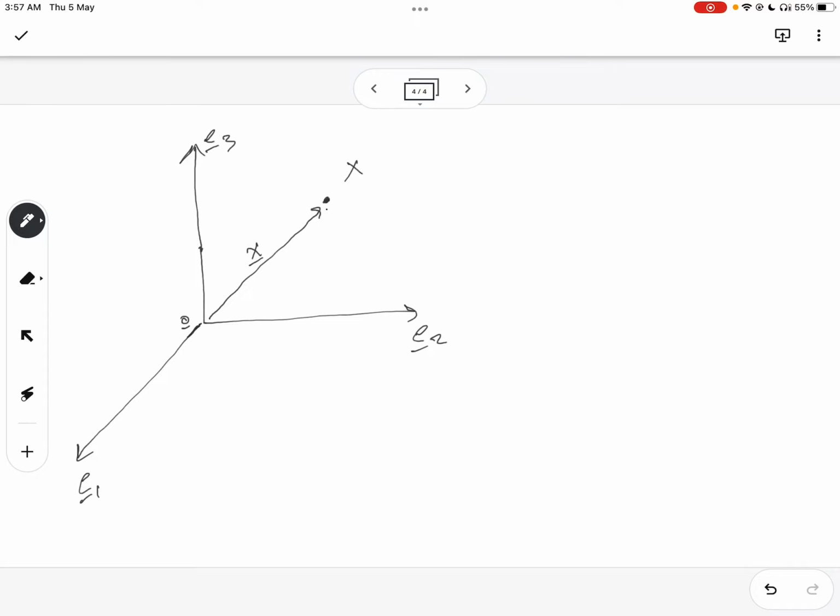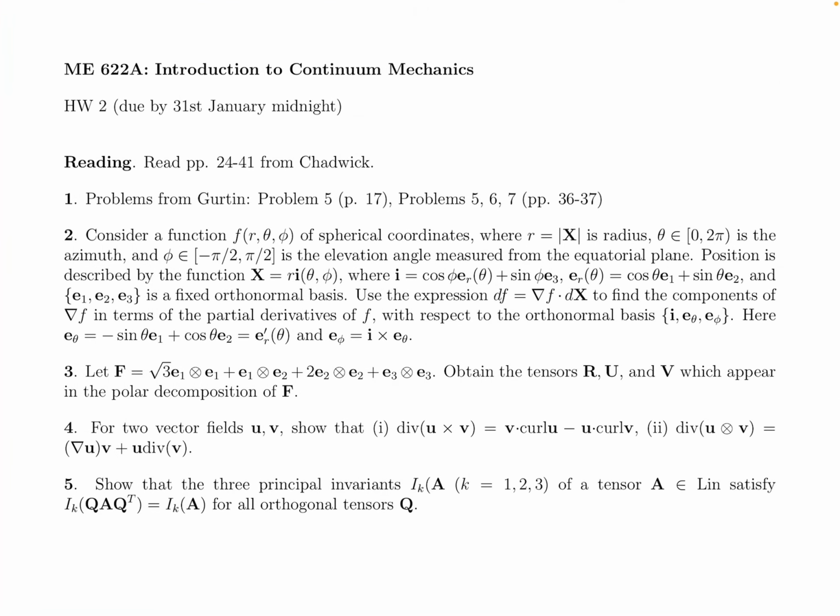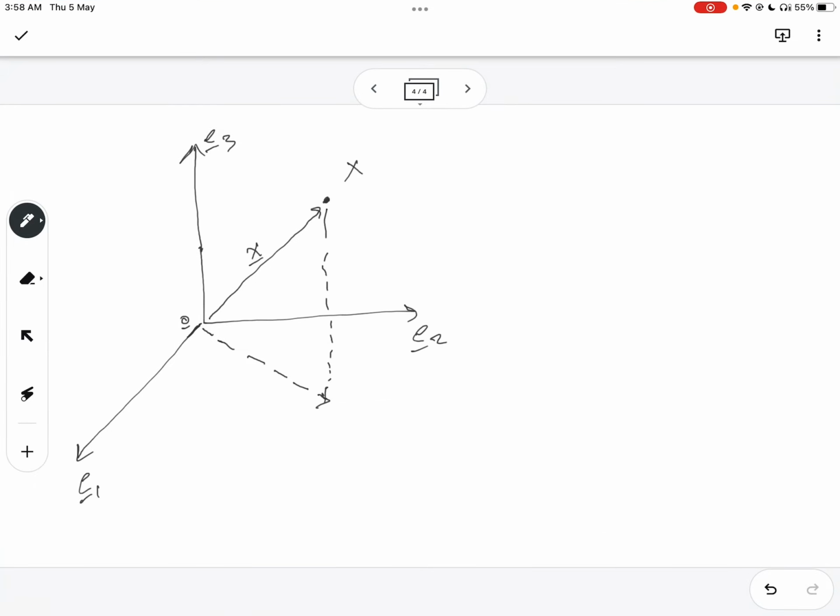So what are r, theta, phi? The projection of x on the E1, E2 plane, this is the angle theta.